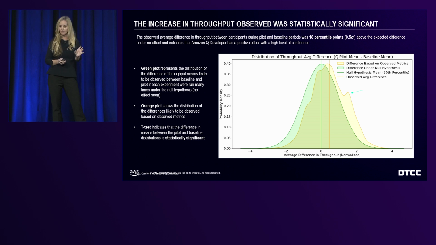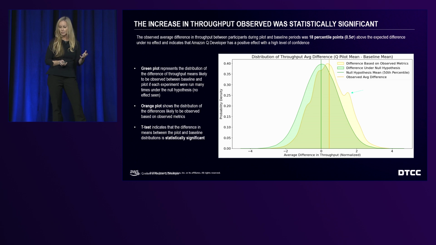It represents the difference of throughput means likely to be observed between baseline and pilot if each experiment were run many times under what we call the null hypothesis, or no effects seen. So green is business as usual. The orange plot shows the distribution of differences likely to be observed based on the observed metrics during the pilot.